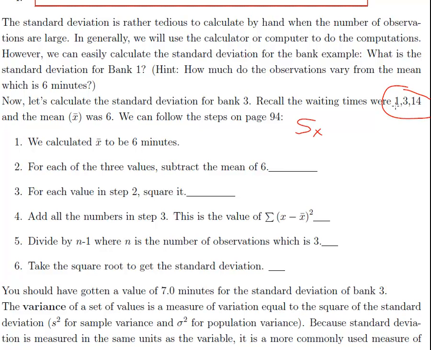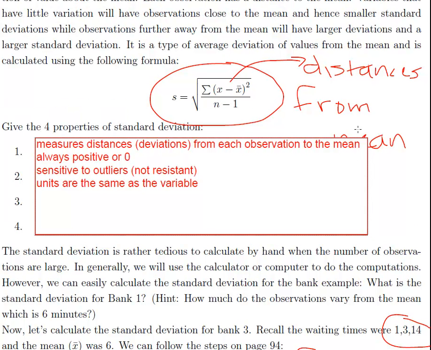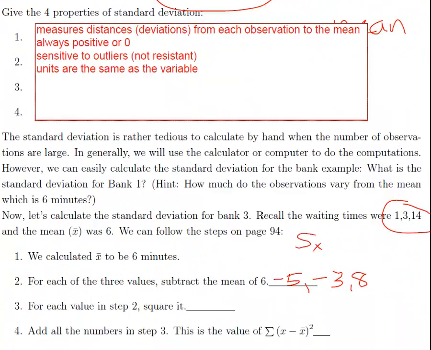So 1 minus 6 is negative 5, 3 minus 6 is negative 3, and 14 minus 6 is 8. What I did here was just this part of the formula. Those are the deviations from the mean.